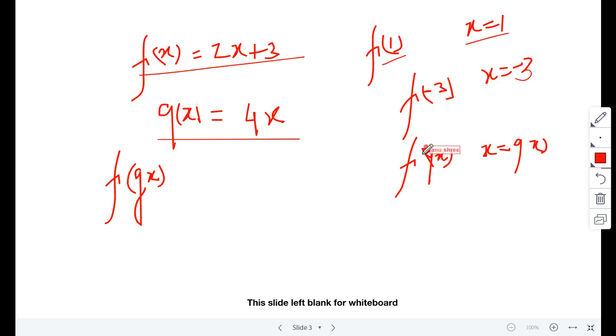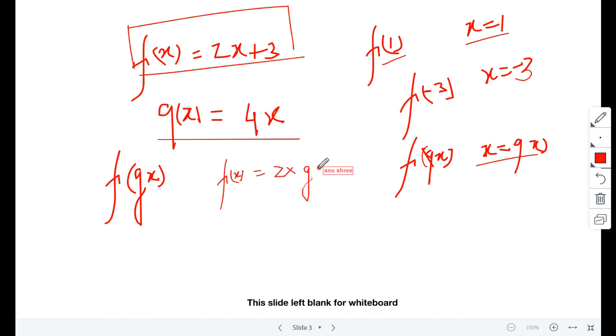Same as if the question is f(g(x)), that means we have to put x equals g(x) in this equation. So it will become f(x) equals 2 multiplied by g(x) plus 3. Is this clear?